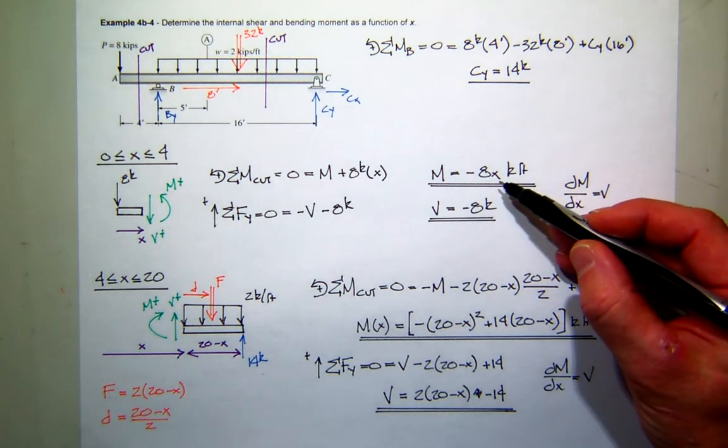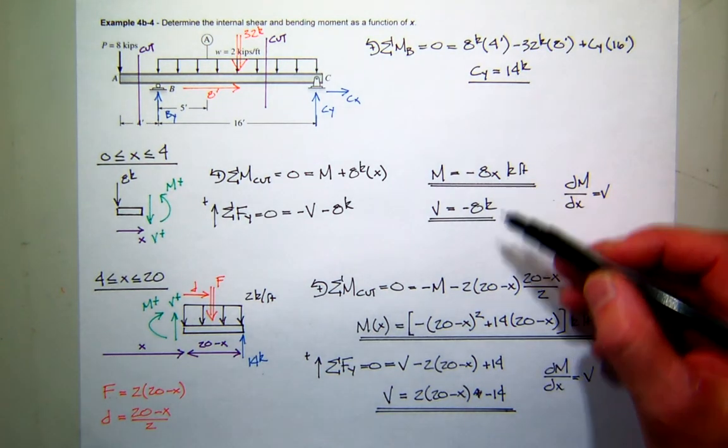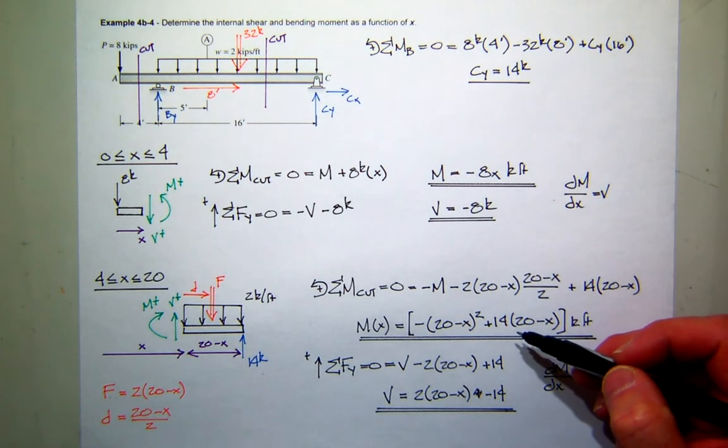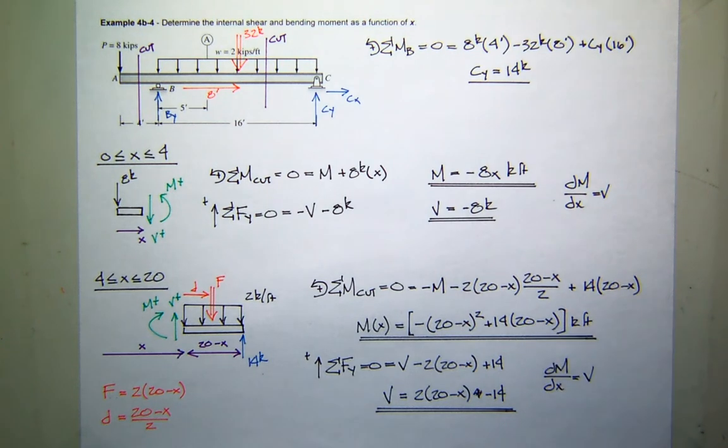If you put 4 in here, you get what? Negative 32. If you put 4 in there, I don't know what you get. Somebody put that in there. Hopefully you'll get negative 32. That will just give you a chance to make sure things are working. Anybody get negative 32? Yep, good.